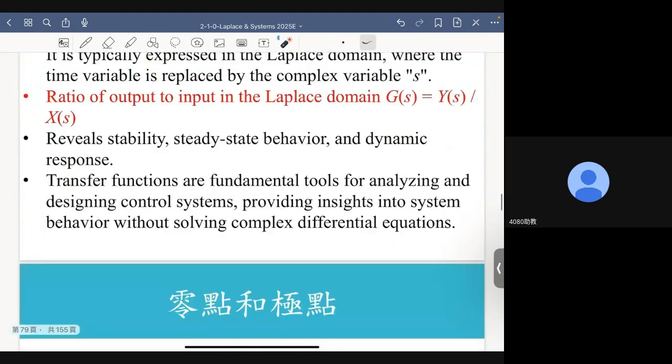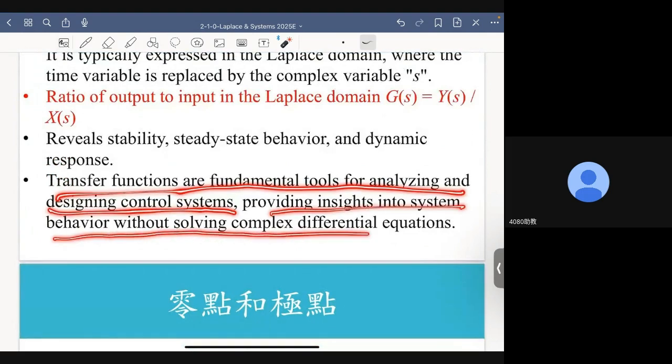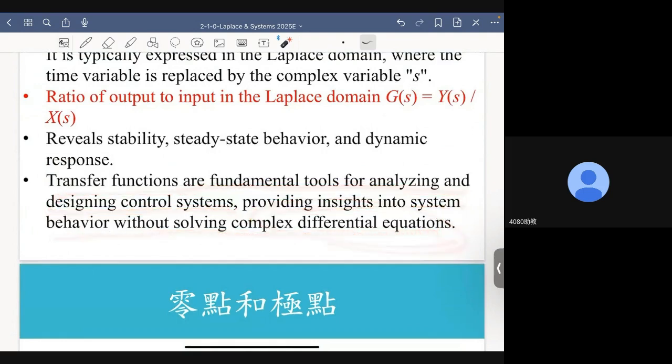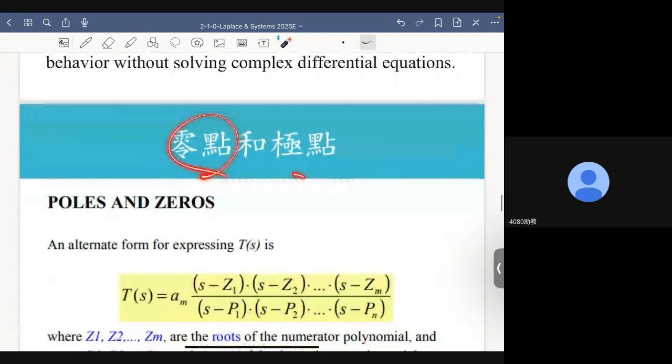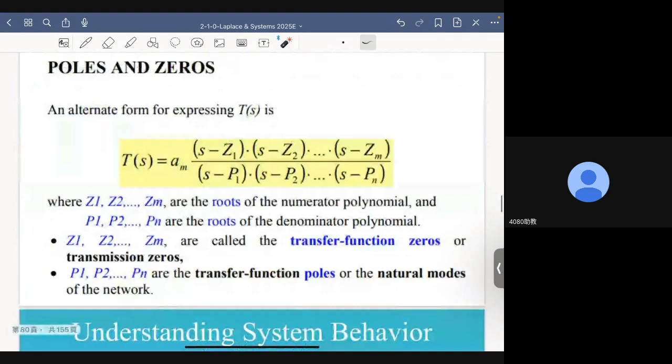Transfer functions are fundamental tools for analyzing and designing control systems, providing insight into system behavior without solving complex differential equations. I love that. Without solving complex differential equations. I'm sorry, this is zeros, this is poles, okay?